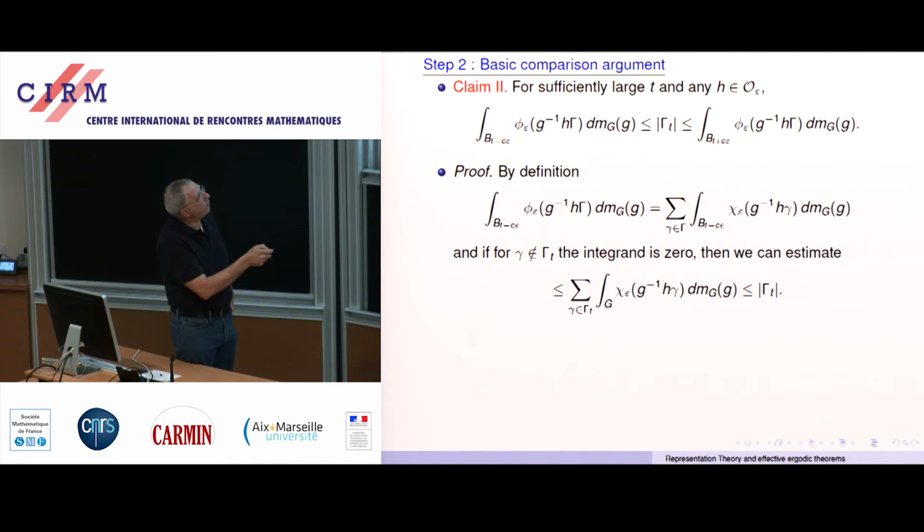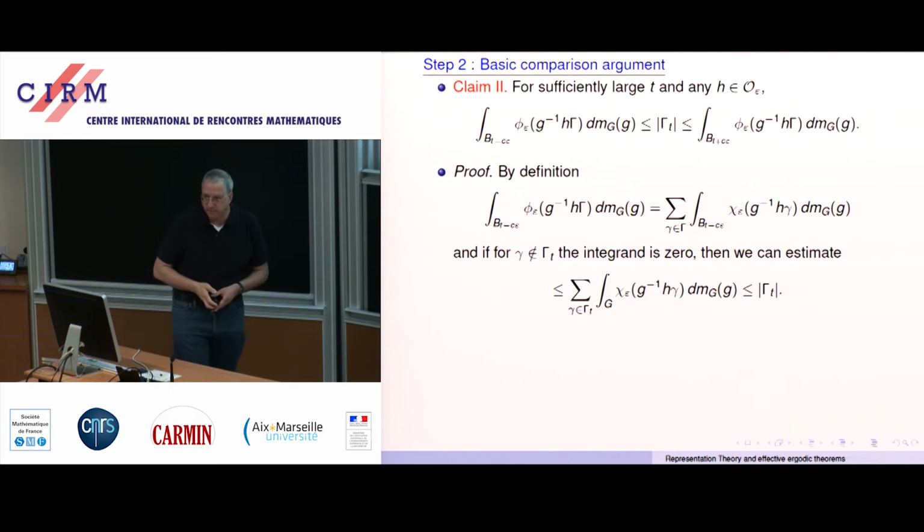Then in this infinite sum, you really do not need to take any gammas which are outside gamma t, because this integrand is 0. In that case, you can dominate this sum by summing over gamma t, and you can take the integral over g, which certainly makes things larger, but the integral over g is 1, and so you get the number of points in gamma t.